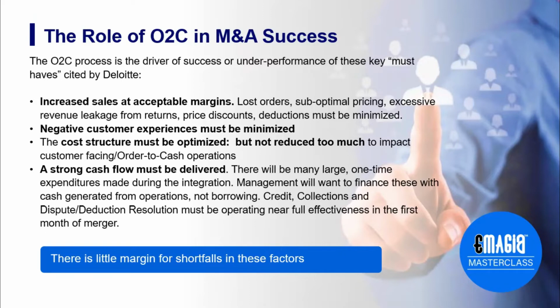So order to cash functions, particularly credit, collections, dispute resolution, need to be up and running near full effectiveness very, very soon. And when we look at these impacts here, there's not much margin for shortfall in these factors.